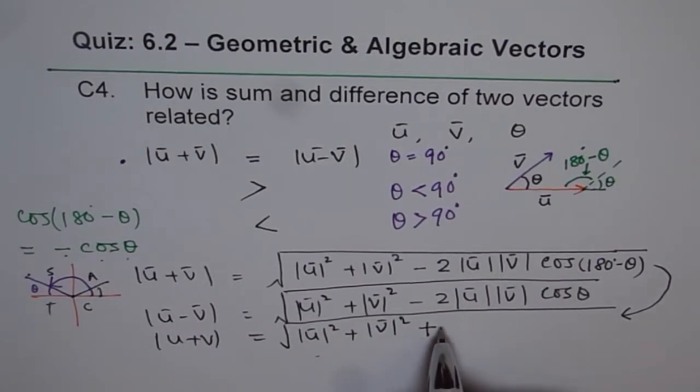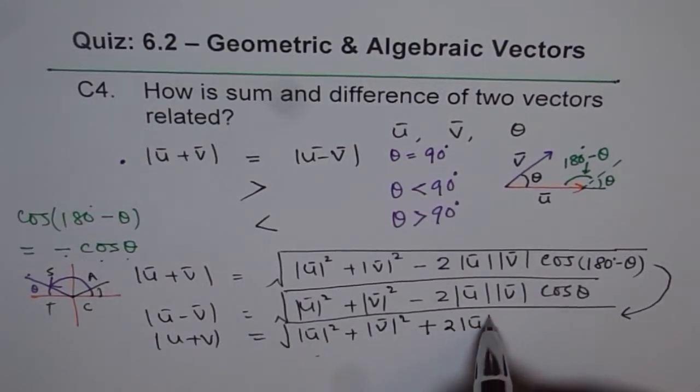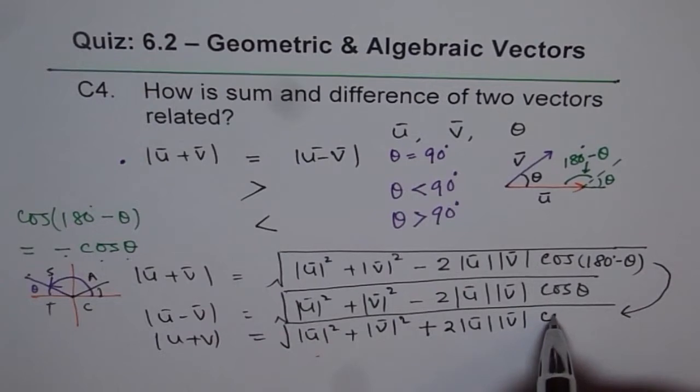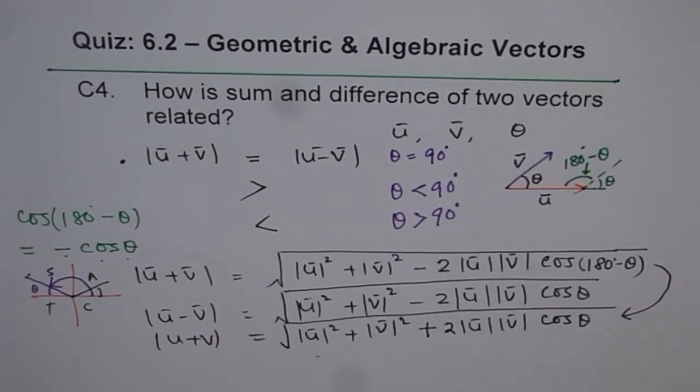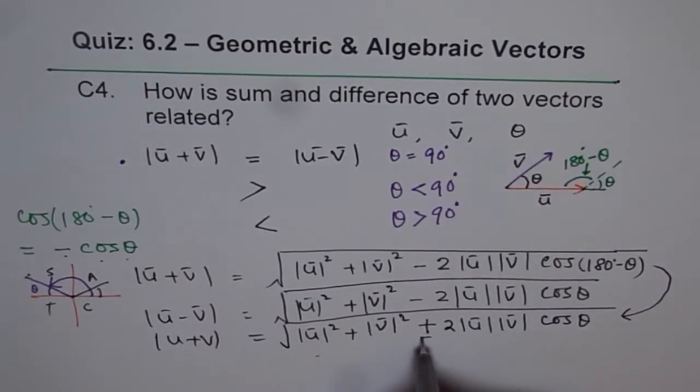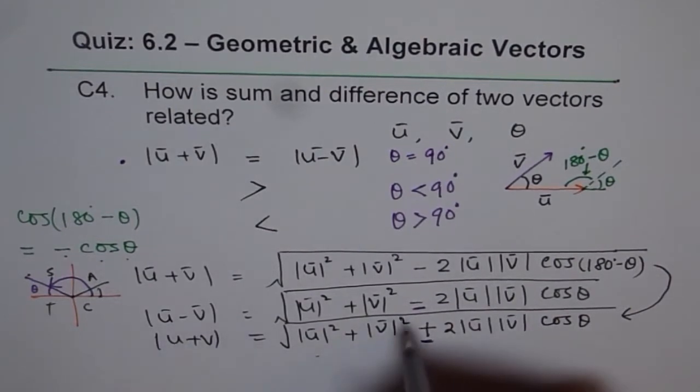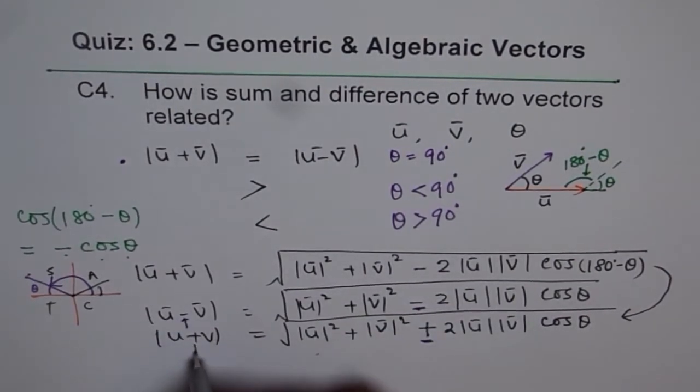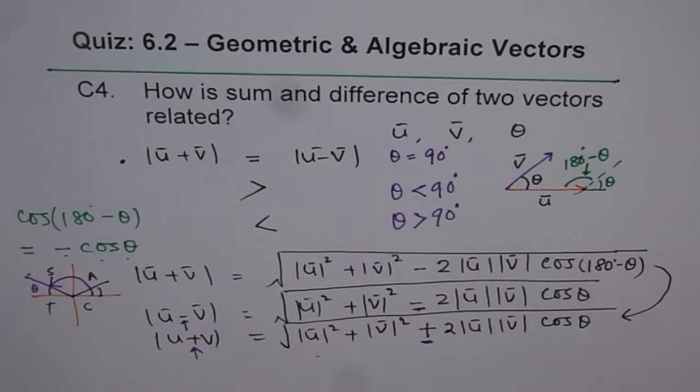So it becomes plus 2 times u v cos of theta. Do you understand? That makes a huge difference between plus and minus values. So that is how they are related. You can use the cosine law and then say that is how their values will change.